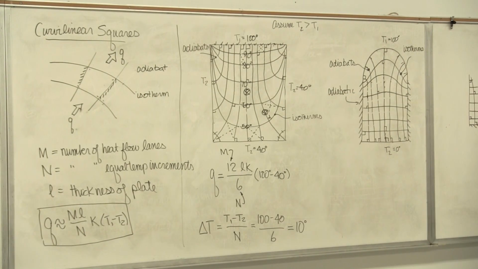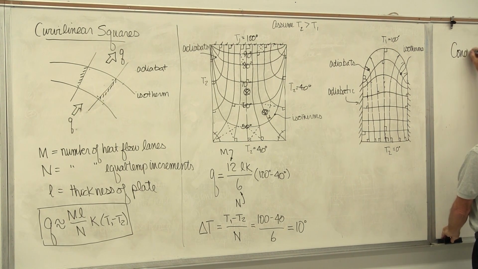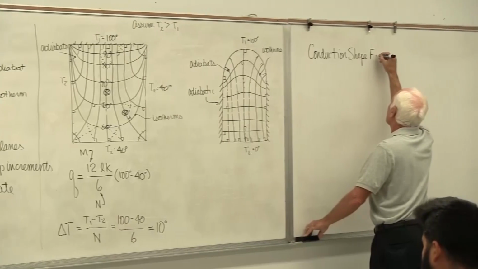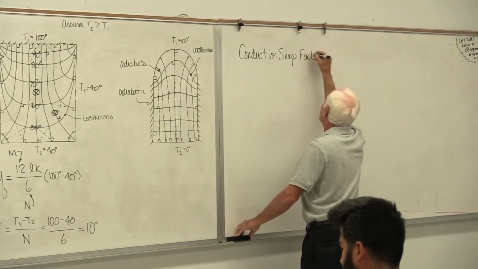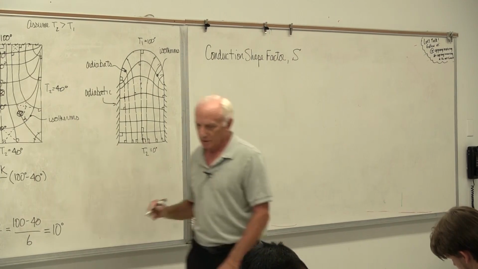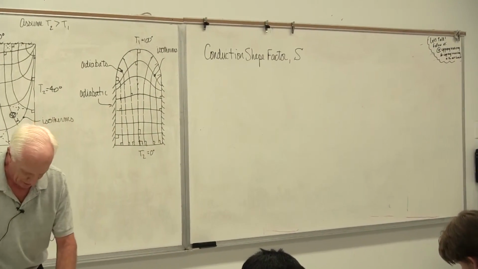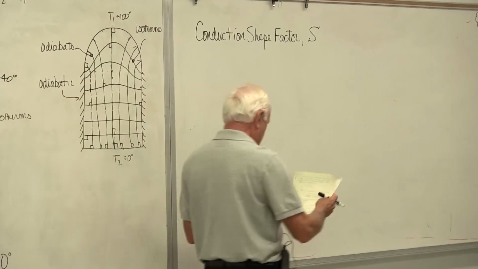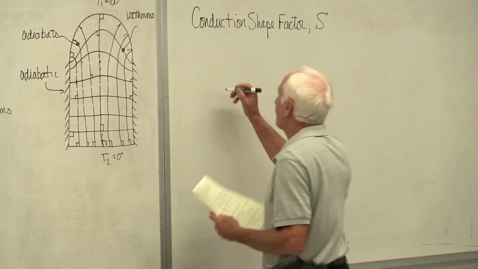Okay, now let's take a look at another way to solve these 2D problems with something called the conduction shape factor. That's given by the symbol capital S. The equations are in table 4.1.